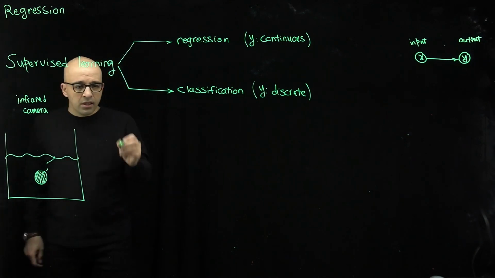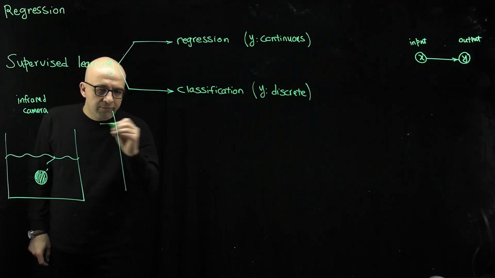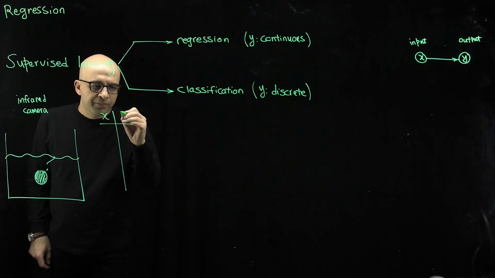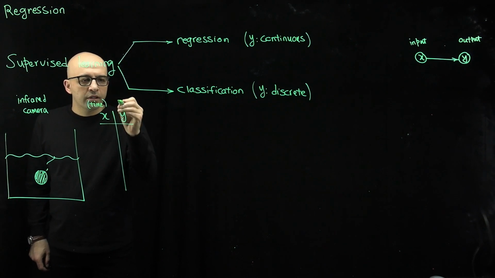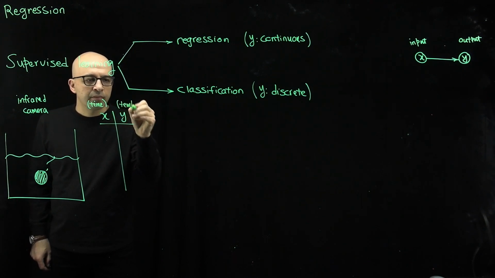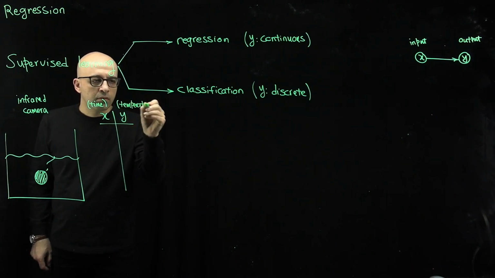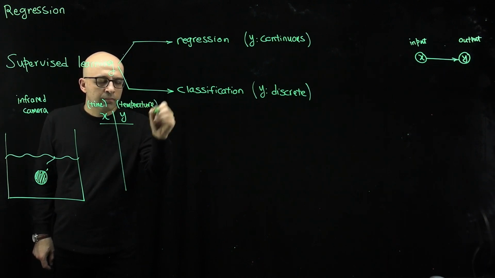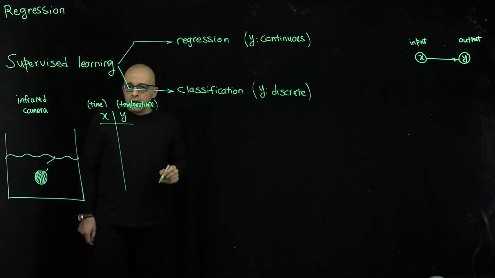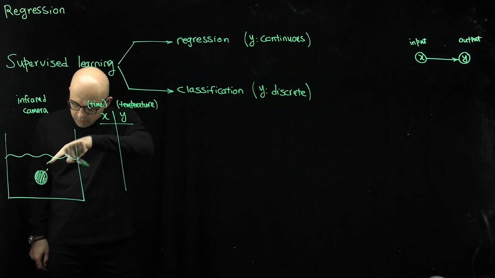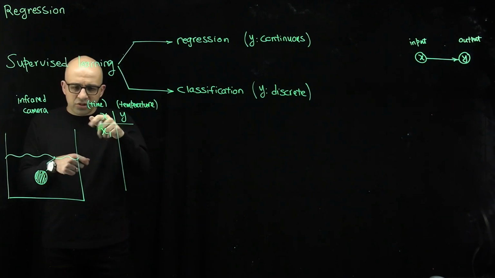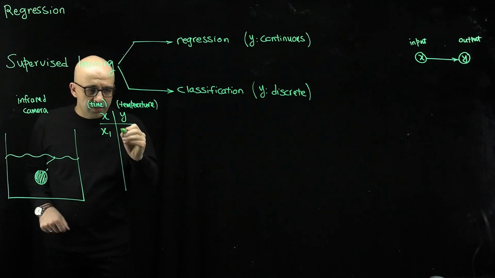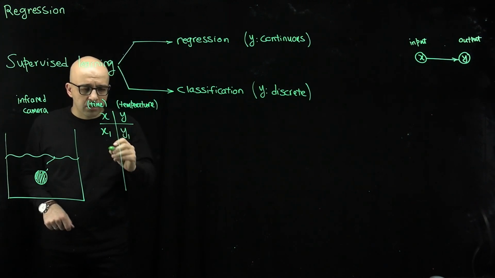at that particular time that it appears at the surface. And so we can collect this data in the form of a table where X is time and Y is temperature. Whenever this body comes to the surface, X1 would be the first time it appears at the surface, and Y1 the temperature at that particular time.